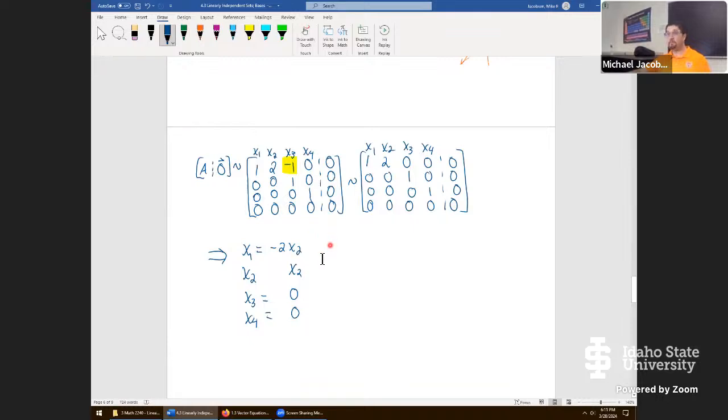We want to find a basis for the null space of A. And so we could say next, Ax equal to the 0 vector now implies x equals, we pull the coefficient x2, and we'll be left with -2, 1, 0, 0.